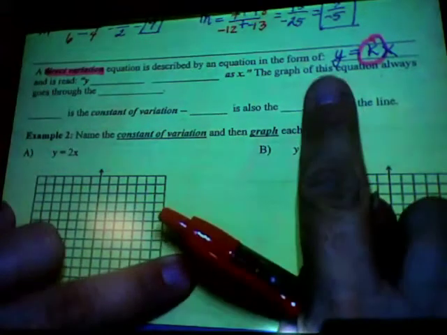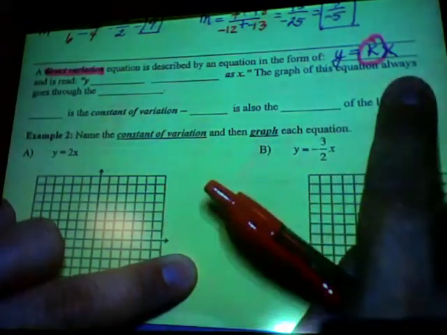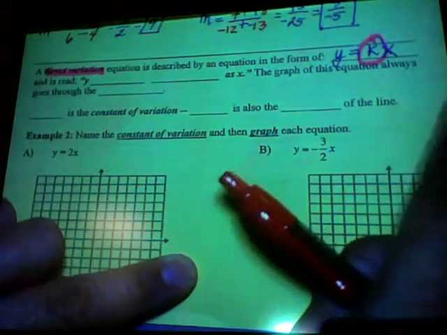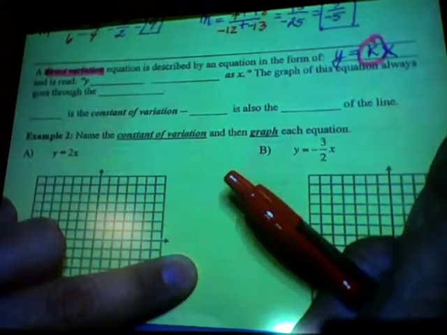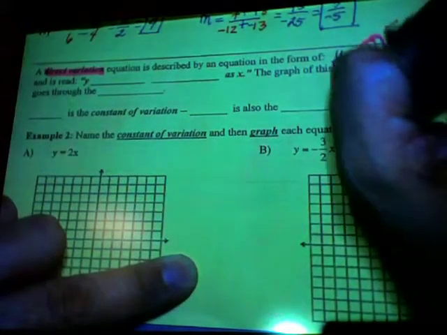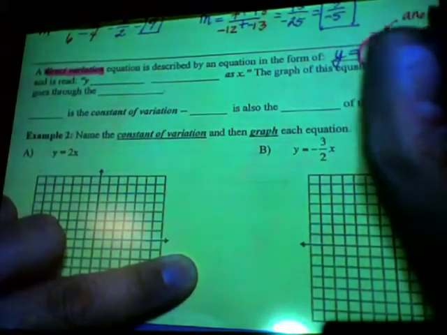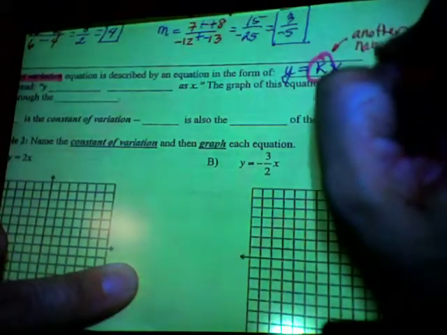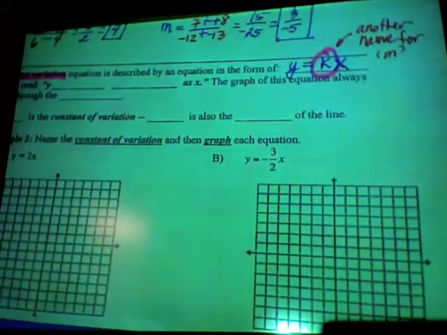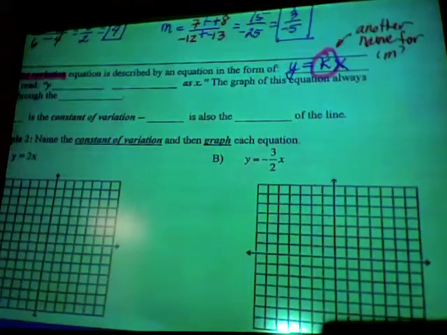This is just basically y equals mx. There's no plus b. If there's no plus b, what does that mean? It starts at the origin. Good. So k is just another name for m. So k is going to represent the slope of this direct variation.